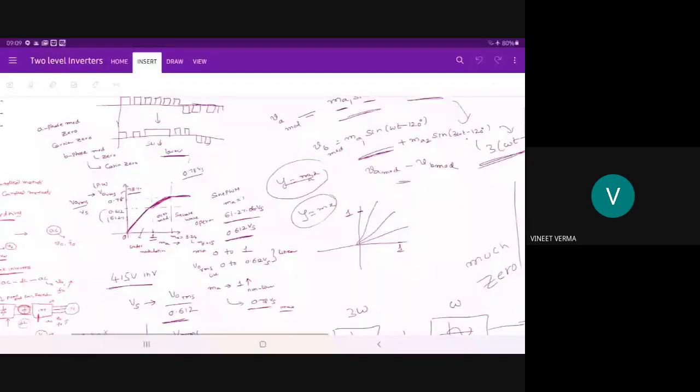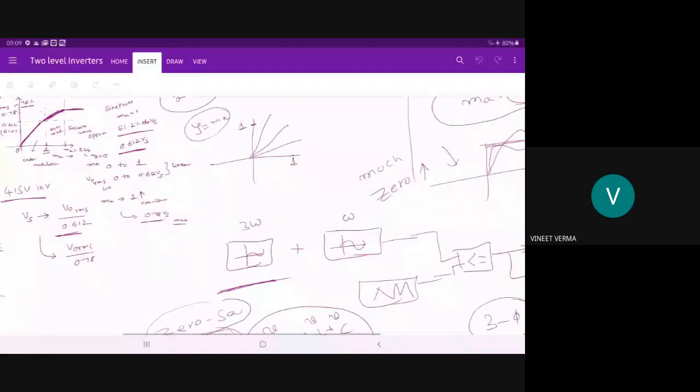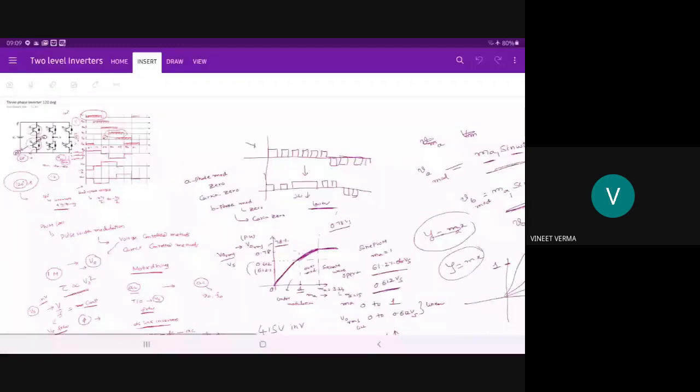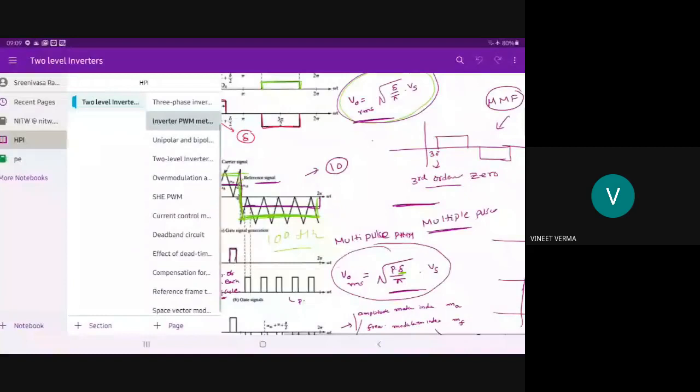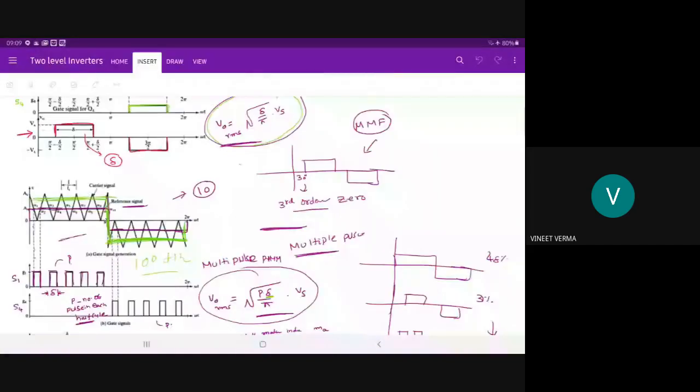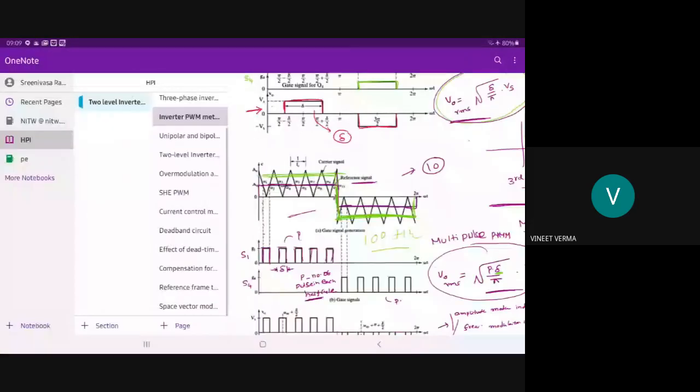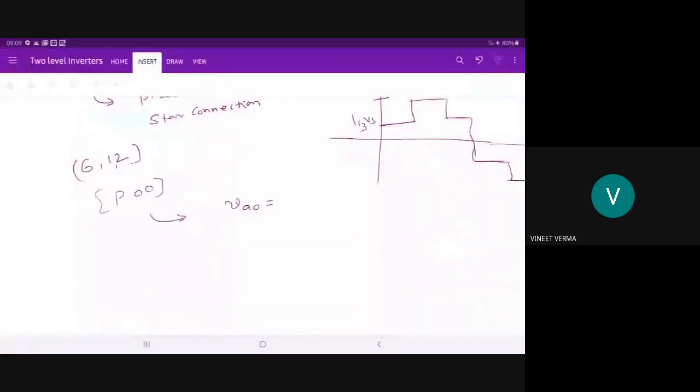See, in case of P00, if you actually draw the waveforms, it will be 2 by 3 Vs for VA0.